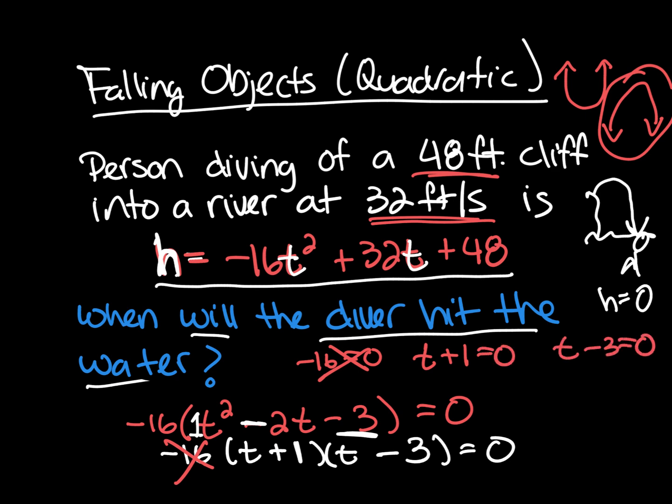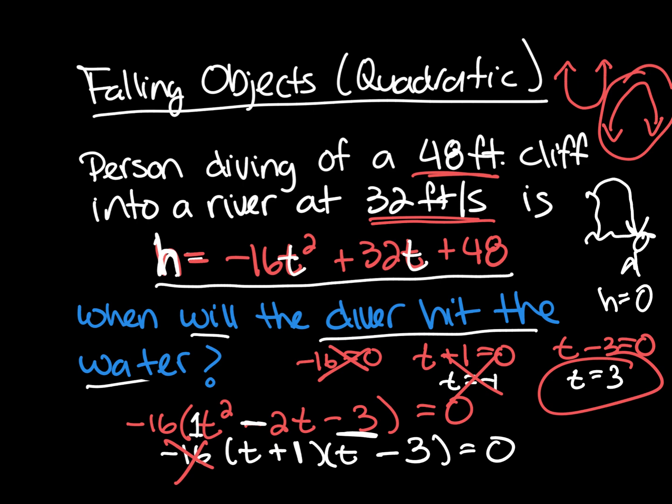If I solve them both, I get t equals negative 1 and t equals positive 3. Normally, I would take into consideration both of these, but time cannot be negative. He did not jump for negative 1 second or anything like that. So the answer must be 3. When will the diver hit the water? He will hit the water after 3 seconds.